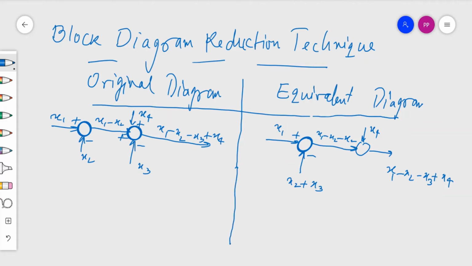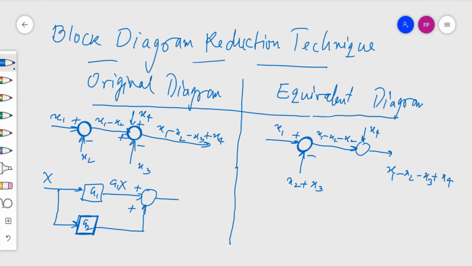Next diagram: suppose we have G1, and the signal X is entering G1, and after G1 the signal formed is G1X. This is summed with another signal which is passed through G2, but the input is the same X. So these together are added at the summing block and we get G1X plus G2X.